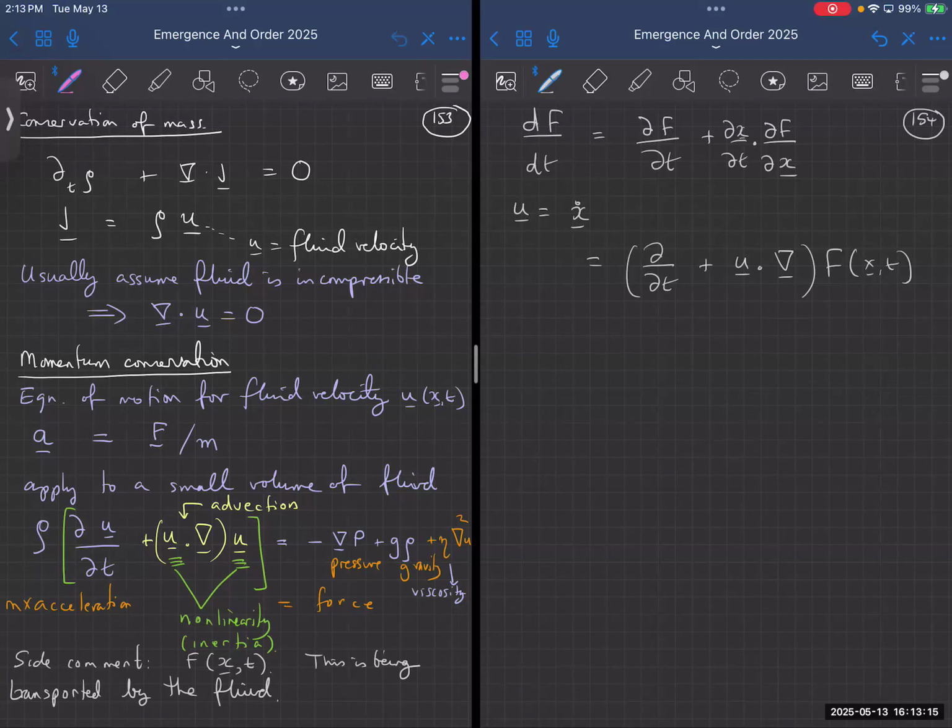If you've got a quantity that is being advected through a fluid, then its time derivative is equal to this combination over here. So let's suppose that the f itself is a component of the velocity. Then you get the equation that I wrote on the previous screen.